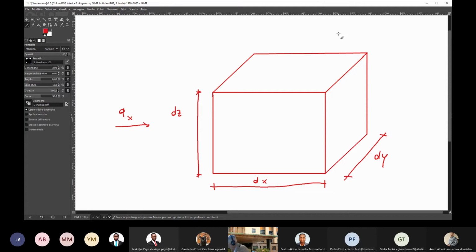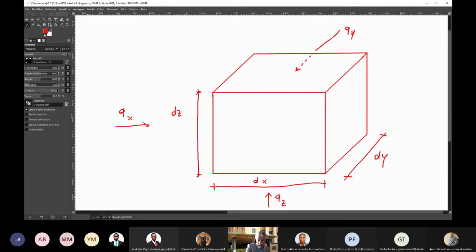And then we have qy here. Oops, sorry, because it's lowercase, not uppercase. qy. And then we have here qz. Okay, now how can we study the movement of water through this control volume?